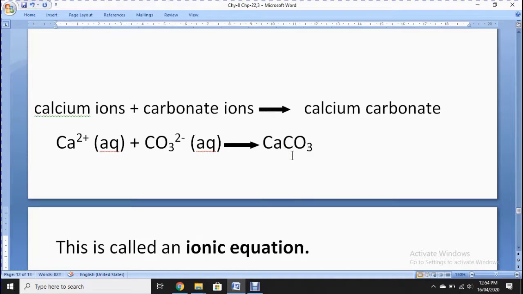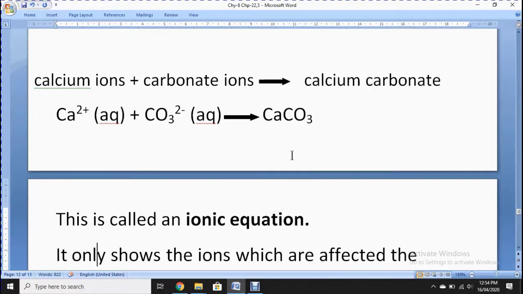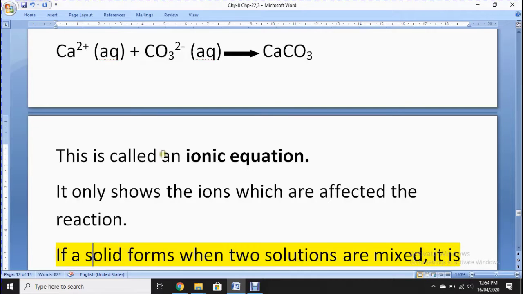See this equation and try to repeat it. See this technique. This is called an ionic equation because we have ions here. You see this Ca2+ and this CO3 2-. Okay, so these are ions.